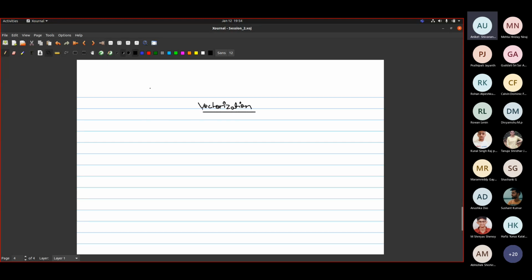Vectorization is a very useful method, not just in numerical methods but in any area of physics or computer science, where we need to make a bunch of calculations that look similar. Let's talk about it in terms of computer science.